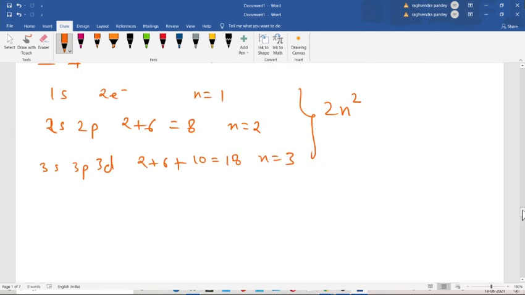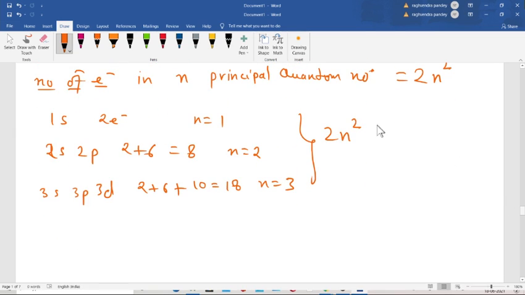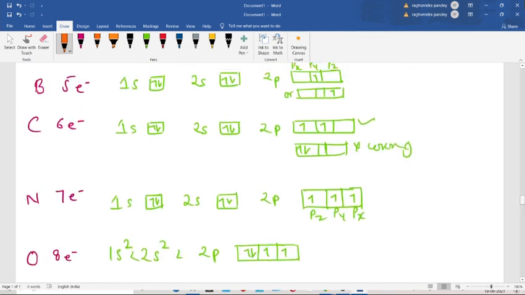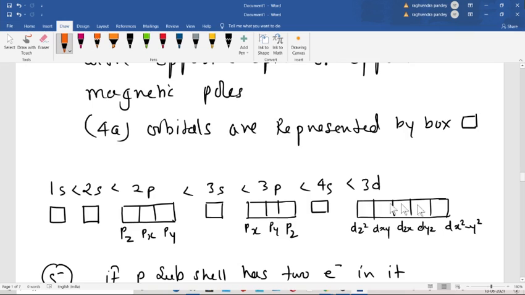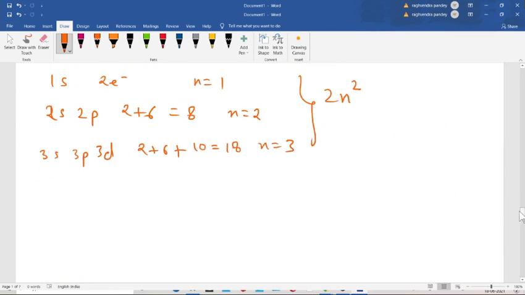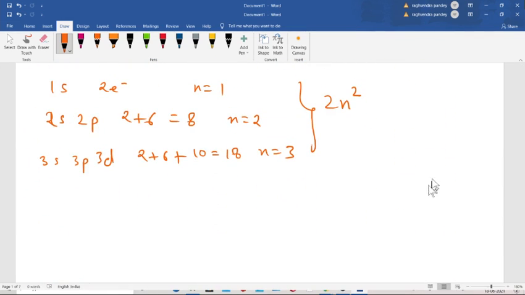That's why I told you. That is your 2n square. These are the m values, which are the orbitals, and each m value can have 2 electrons. This is one type of question they are asking.